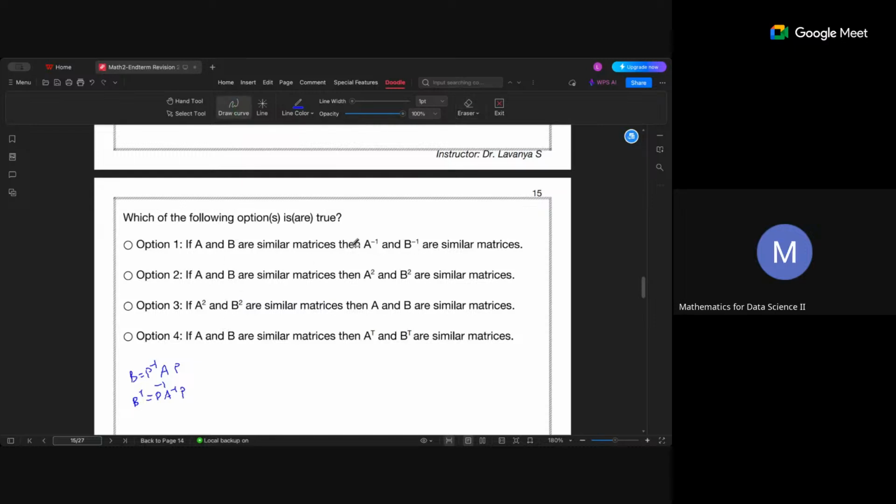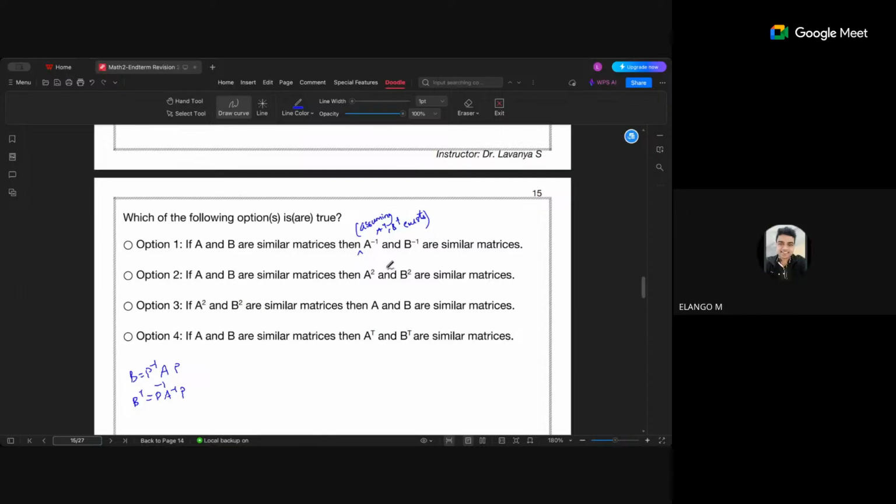Yes. If you are saying that A inverse and B inverse are similar, we are assuming that A inverse and B inverse exist, and only then is this statement made.